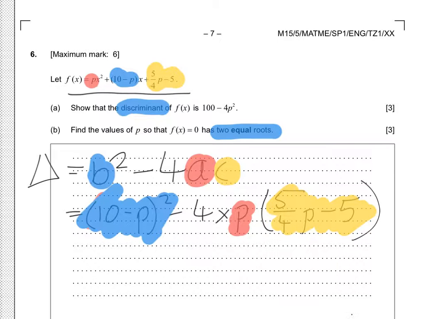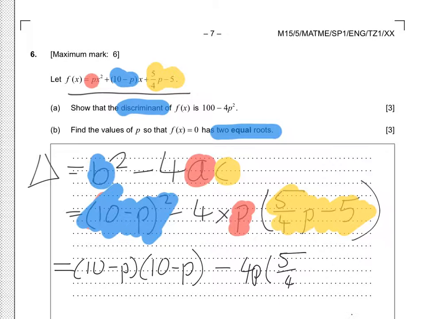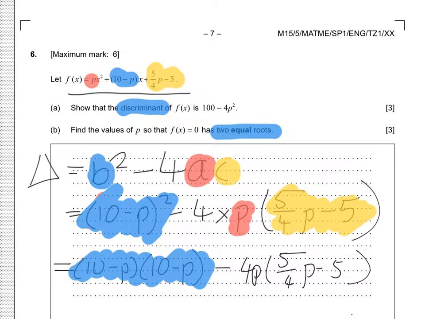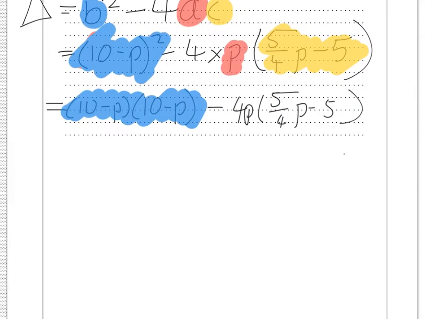So let's evaluate it. 10 minus p squared is not 100 minus p squared, it's not 100 plus p squared. You get 10 minus p times 10 minus p. Minus 4p. I just really want to emphasize that this bit here, when you square a pair of brackets, you get your cross terms, first outside, inside, last.